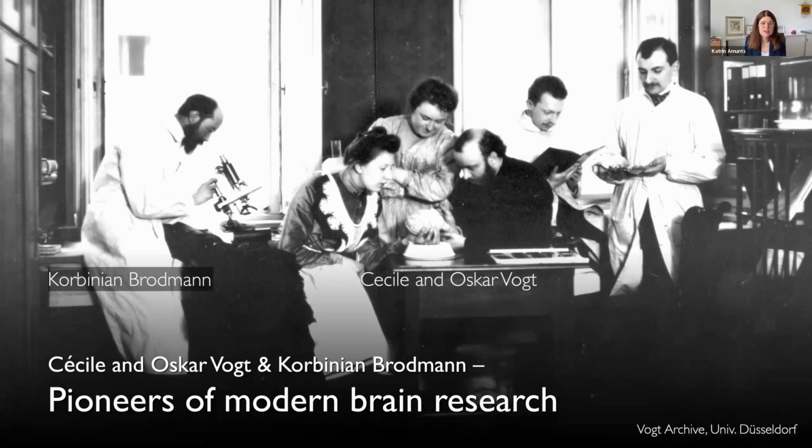Cécile and Oskar Vogt, together with Korbinian Brodmann, these were three German researchers who brought in this perspective to address the brain in a more comprehensive way. And they started their brain research at the end of the 19th century in their private little apartment, where they set up the first neurobiology lab.